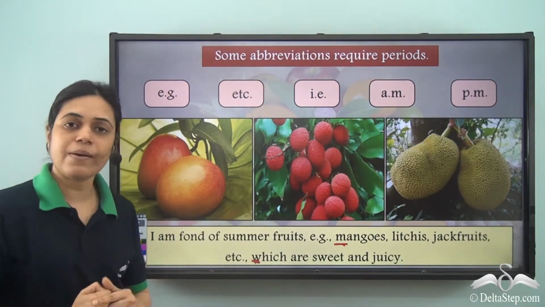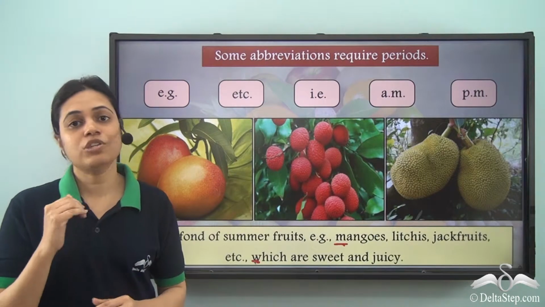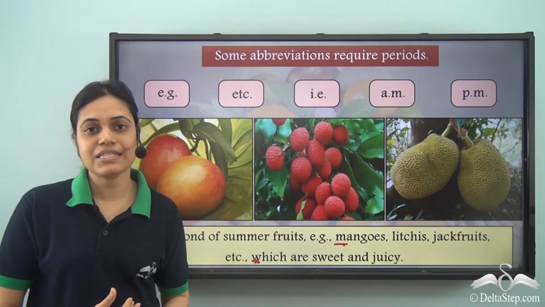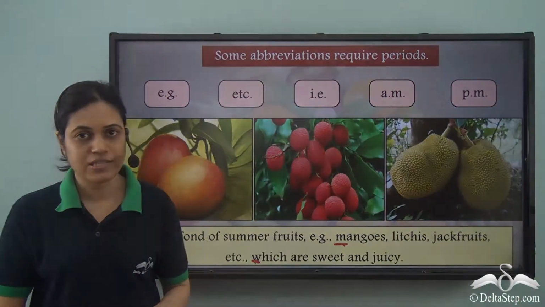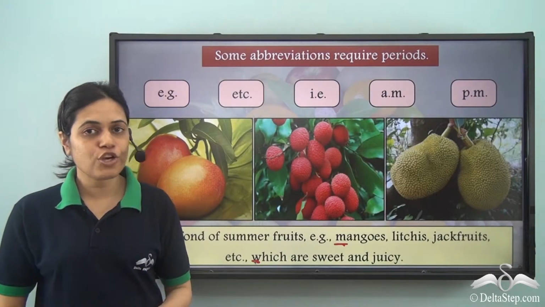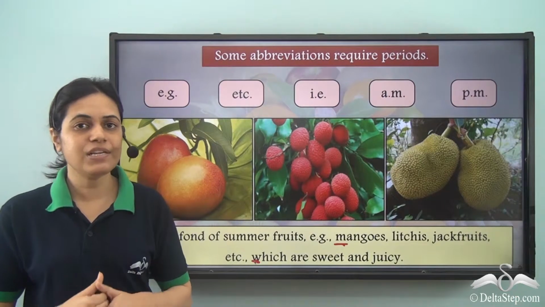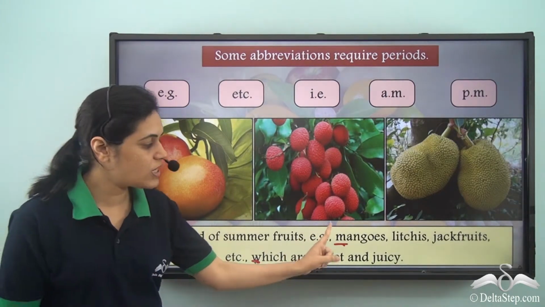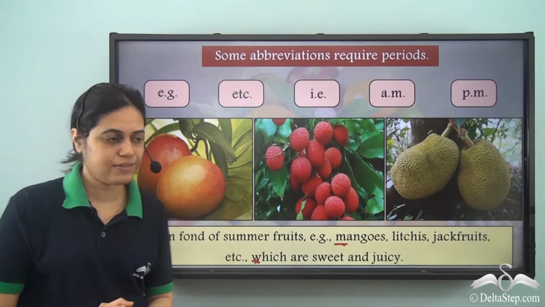Similarly, this W is not capital, so the next letter will be capital only when it is at the end of the sentence. So whenever we use a full stop, the next letter will be capital only if it is the beginning of a new sentence and not in the middle of the sentence.